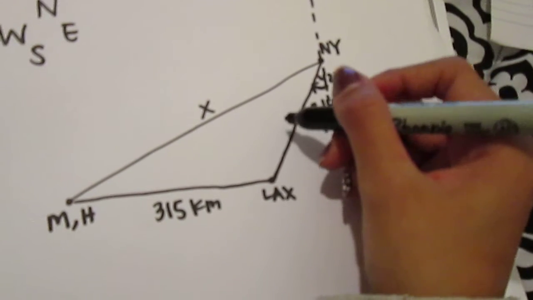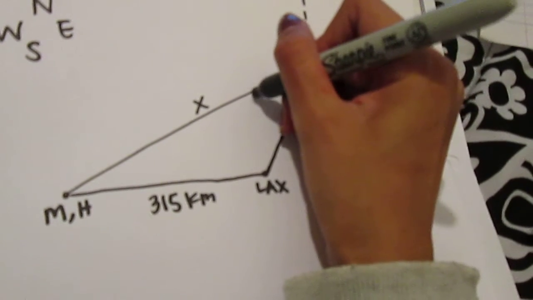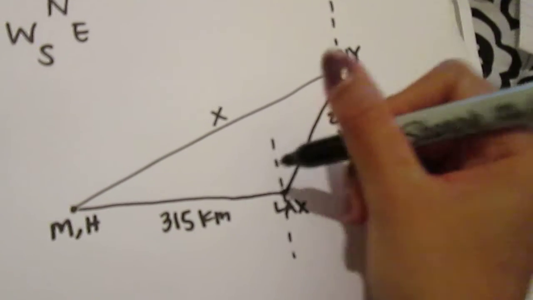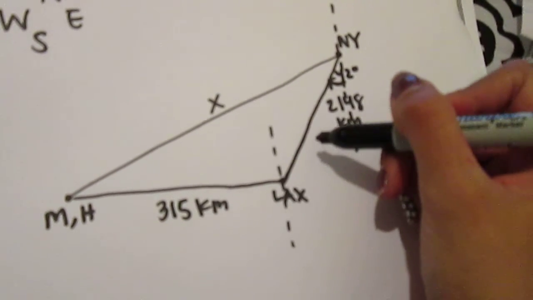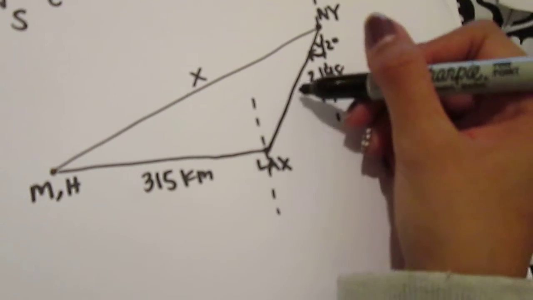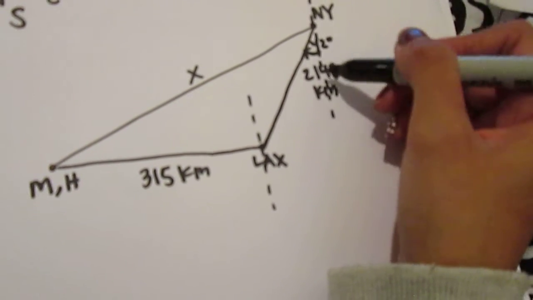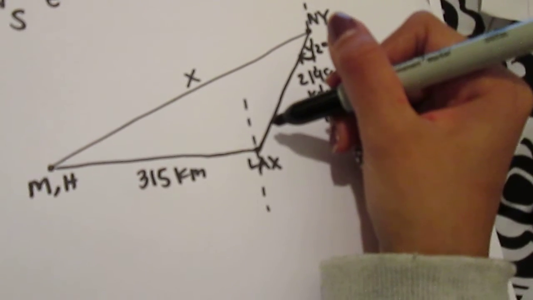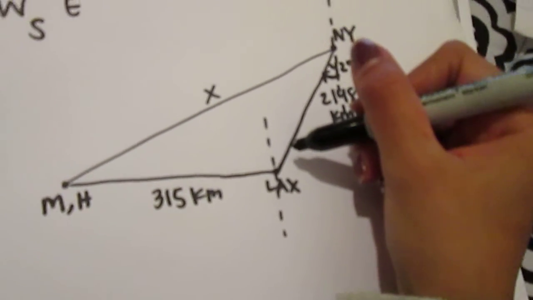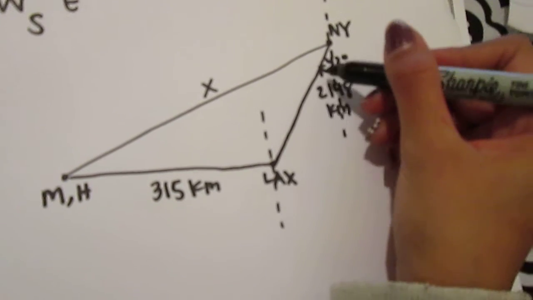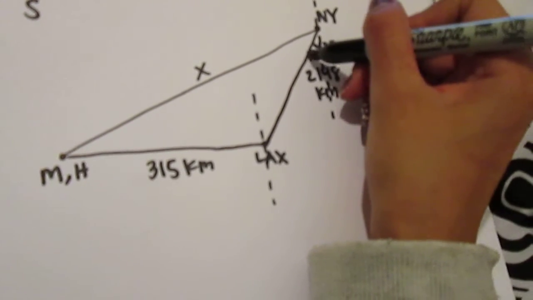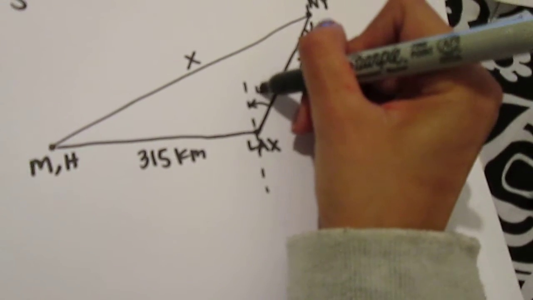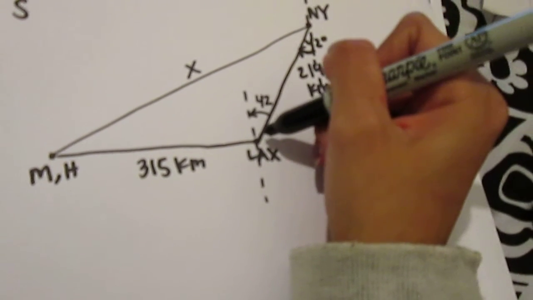So we know that if we draw another north-south line here, we have two angles that are between the parallel lines, and it's the transversal properties of geometry. So since this right here is 42, we also know that this is also 42.